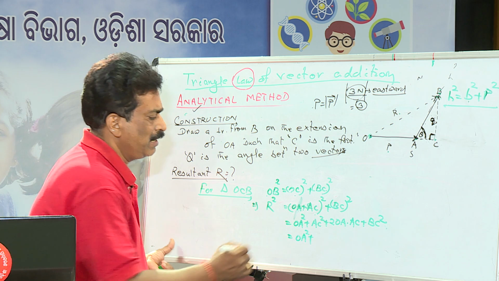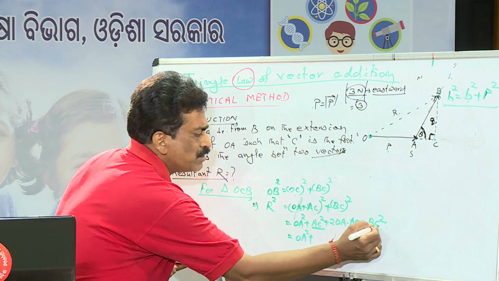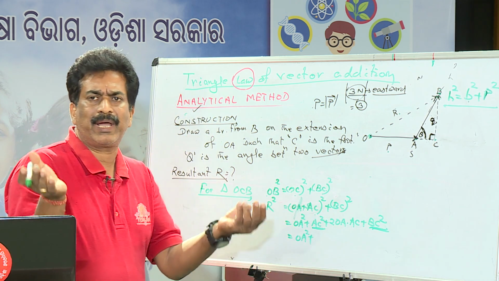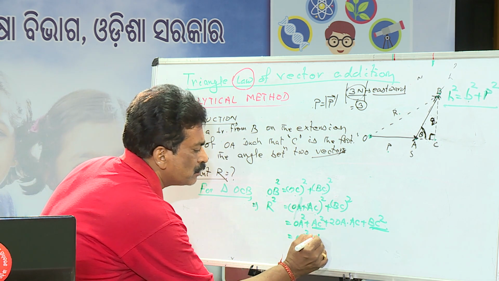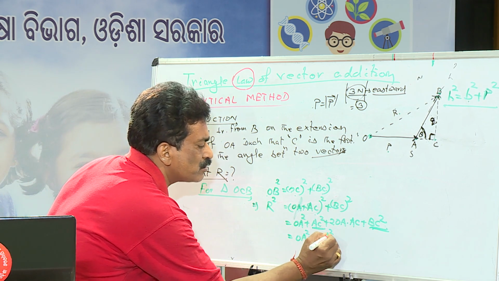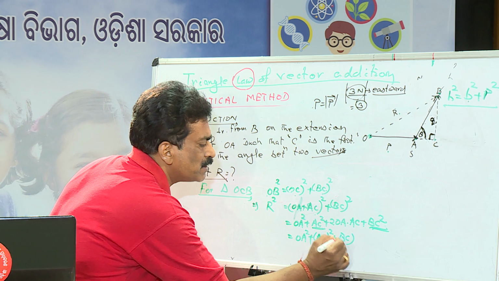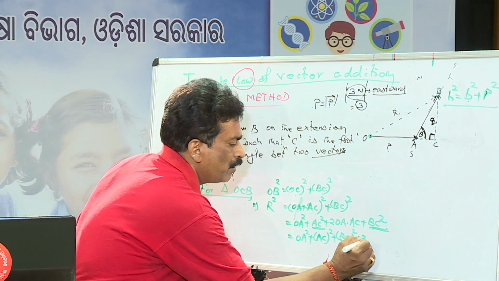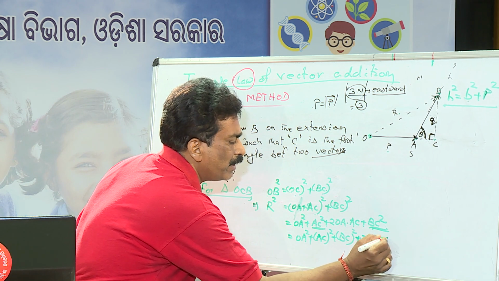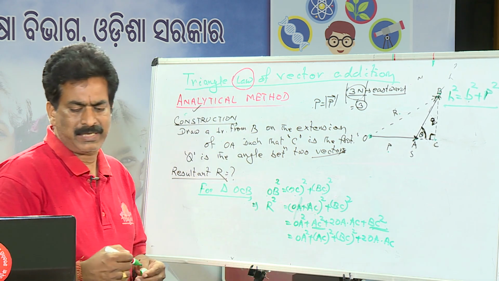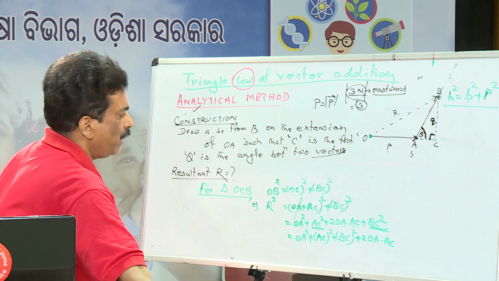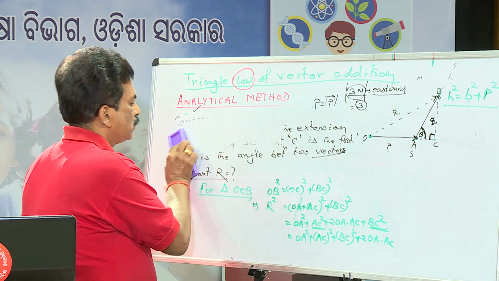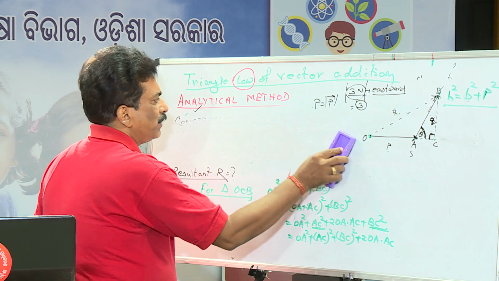Just rearrange AC square and BC square, taking them together. So this is OA square plus AC square plus BC square, plus 2 OA into AC. Just I am erasing this statement.